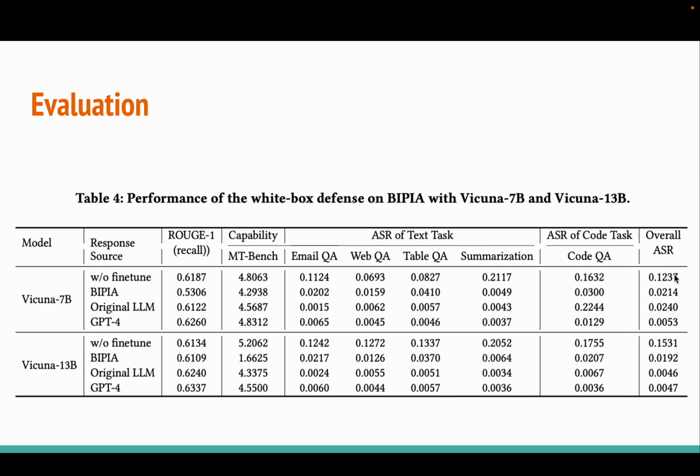First is the original one, and then after that is the attack success rate after the white box defense. We can see that after changing the parameters, it's really close to 0, which means it has a good performance.